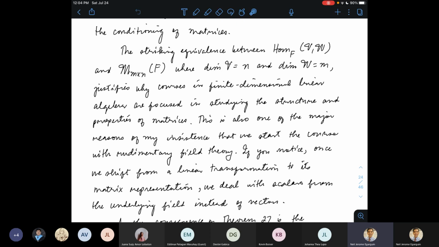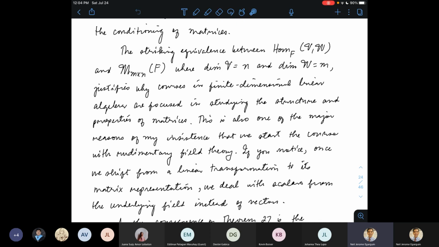Okay. Now, this striking equivalence that we have just established actually is the basis why linear algebra courses, especially at the undergraduate level, are focused more on developing things for matrices.